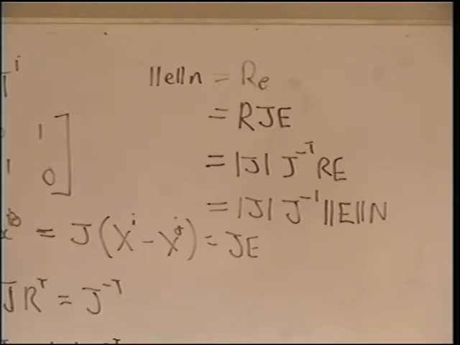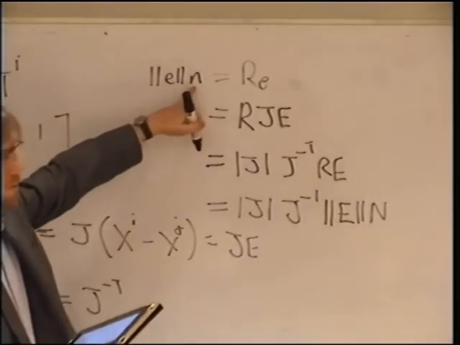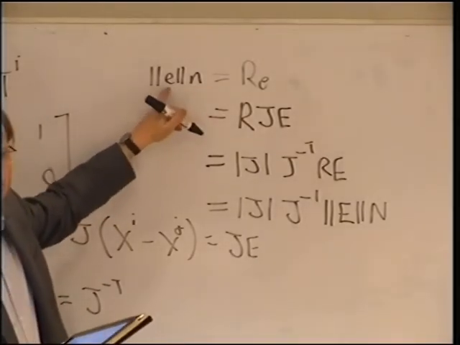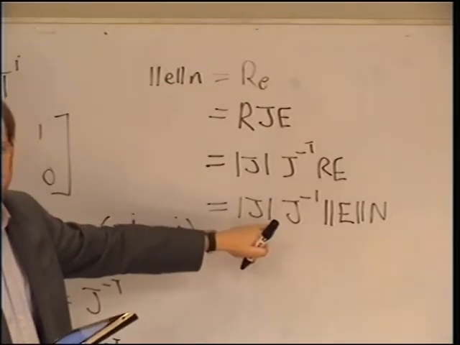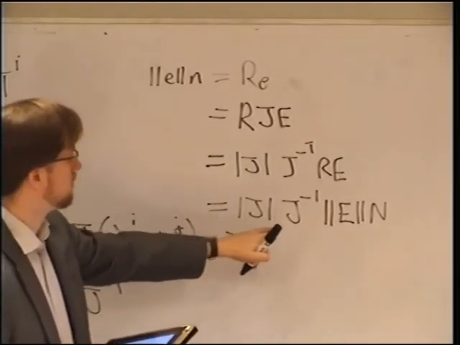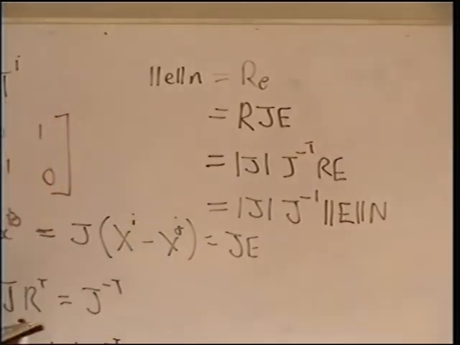Or in other words, the normal scaled by the real edge length is the inverse of the contravariant Piola transform of where we started. So that's good news.